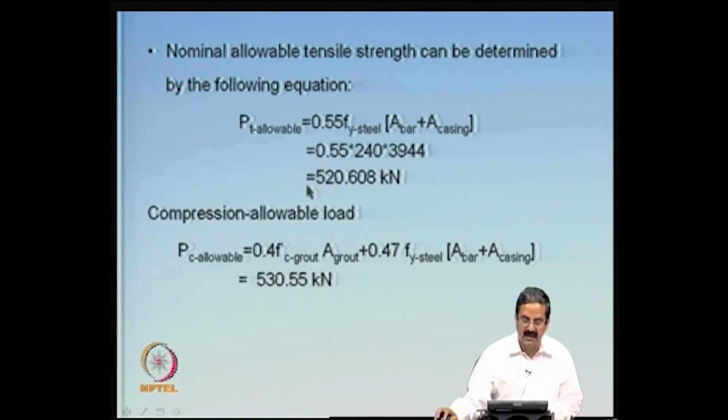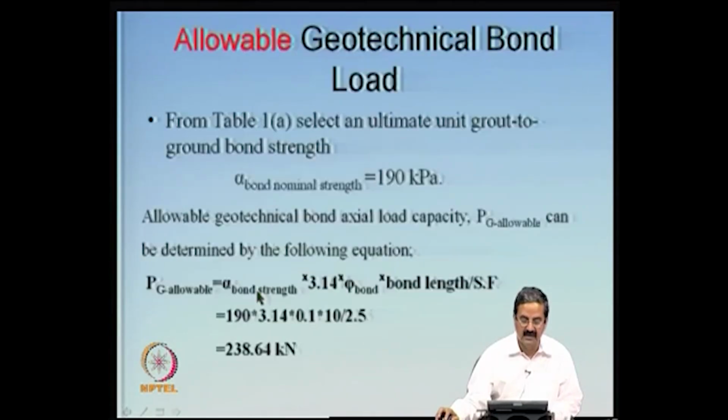This also is there, the maximum load. Then allowable compression one can also calculate. Okay, you can see that the allowable tensile load is 520, and the allowable compressive load is 530. And the allowable geotechnical capacity, depending on the type of material, is about 190 kPa, and once you use this, you can calculate the total load available using its bond strength and the length, 10 meters is the length, I get 238.